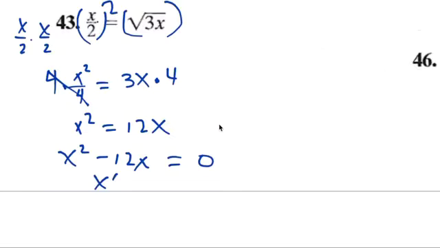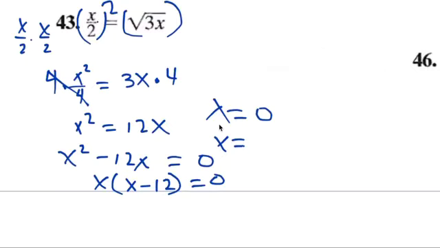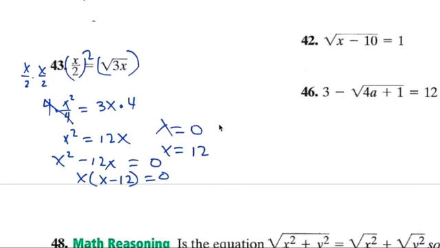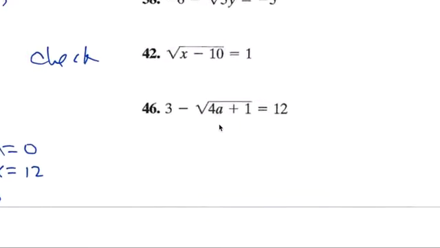So x times x minus 12. So x is 0 and x is 12. Pick one of them. Zero works, 12, I think both work. Yeah, both work. Check it though. Make sure you check. All right, that's how you do these.